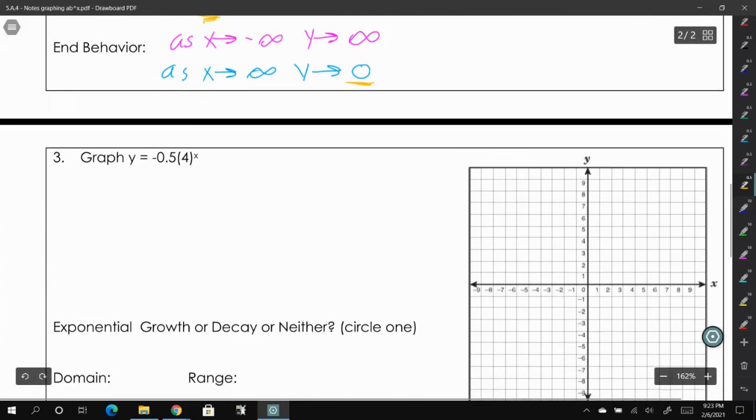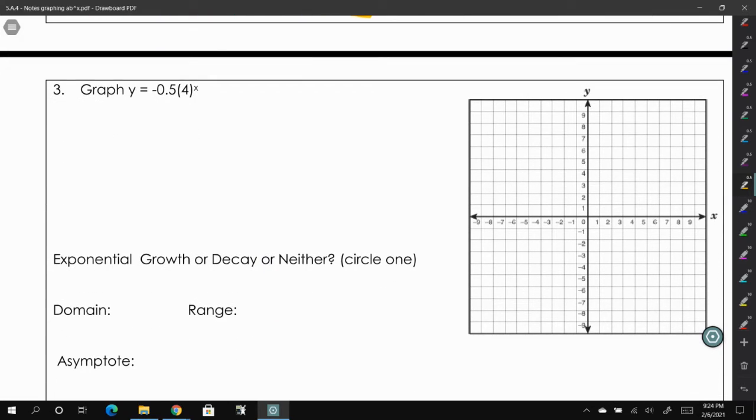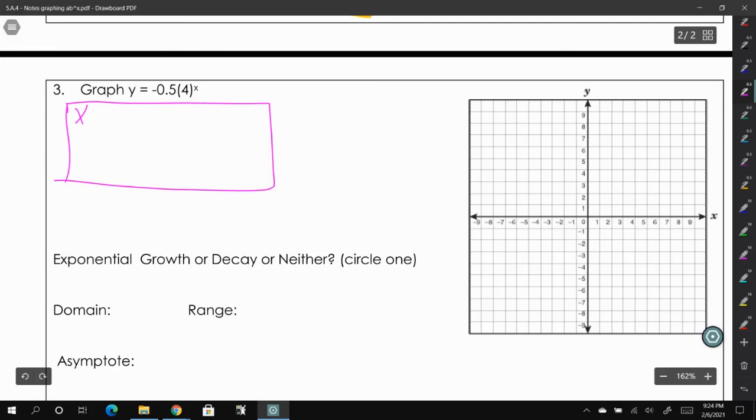All right, now let's look at the next page. And you'll notice that we have a negative sign here. So that's going to change how our graph will look a little bit. So x, and then y, and -2, -1, 0, 1, 2.